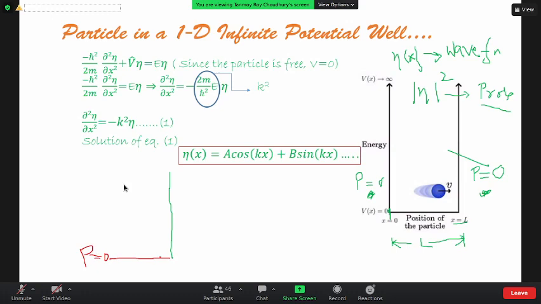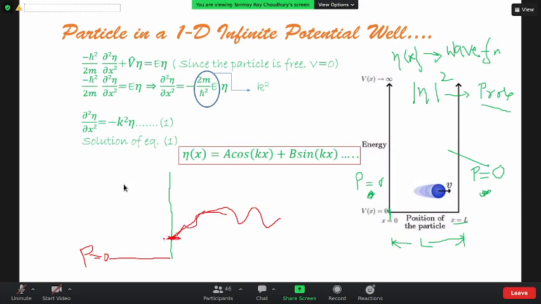This is the 0 line. And let us say at the boundary, it is not 0. It is something like this. Whatever. The wave function is something like this. So it is not 0 at the boundary. Do you see this? It is not 0.